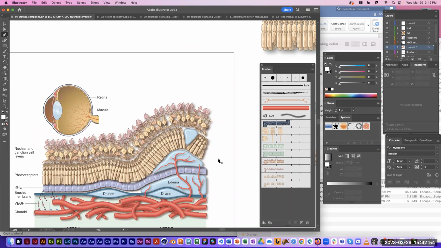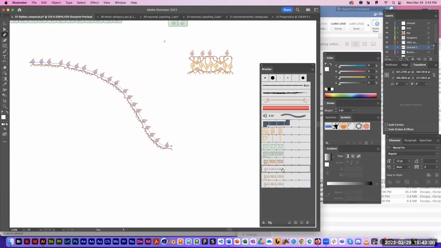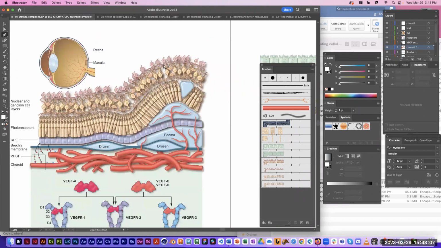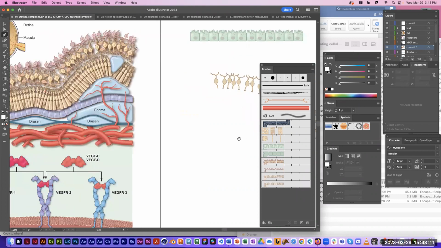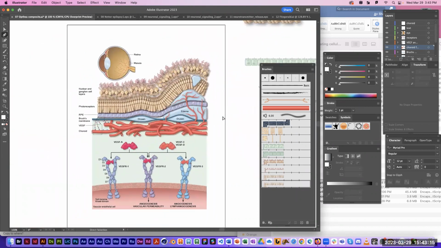Just bend the path. And I think there's a couple different variations on that. These are some of the ones that are more in the background there. So anyway, I'll come back and show you a little bit more about these pattern brushes in a minute.